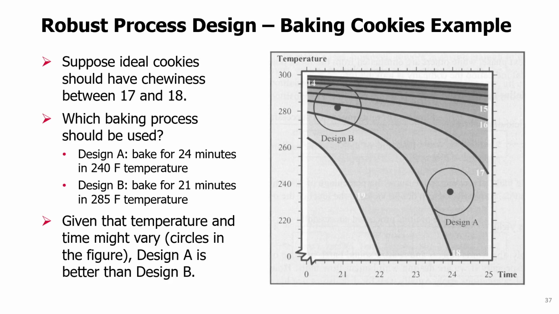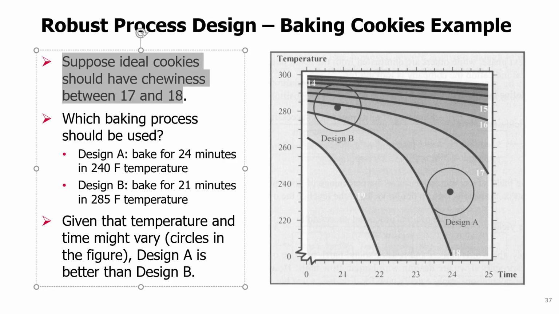So this is an example of a robust process design. Suppose we're baking cookies, and we defined some kind of measure of ideal chewiness. So we say a chewiness should be between 17 and 18, and if it is there, then we have cookies that are much more delicious than if the chewiness is less than 17 or more than 18.